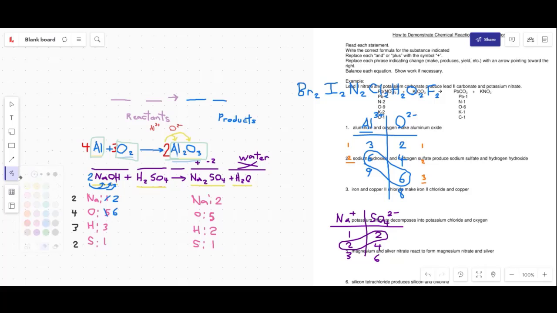So the 2 in front of the NaOH means sodium is 2, oxygen is 2, and hydrogen is 2, plus the 4 oxygens over here, which makes 6. There are 4 oxygens here, plus 2 from the 2 NaOH, so that gives you a total of 6.